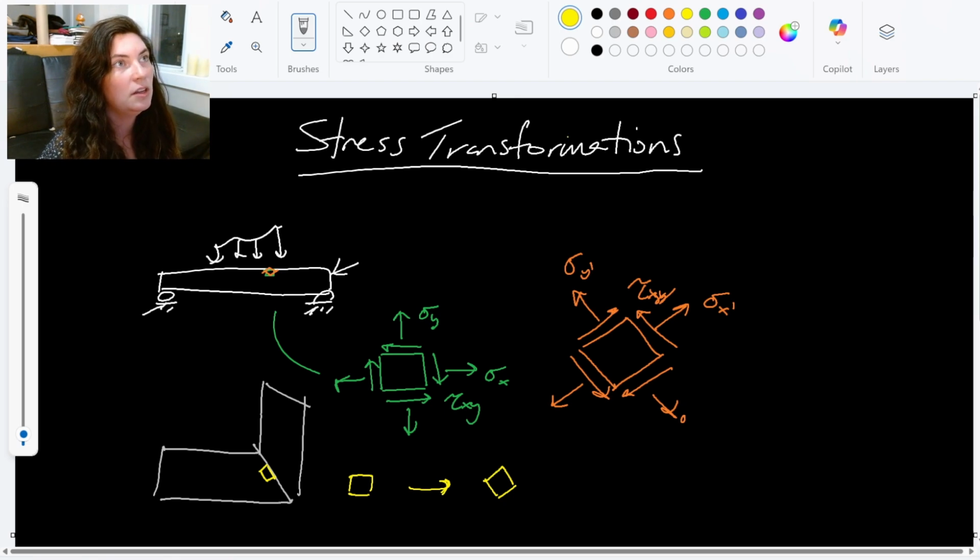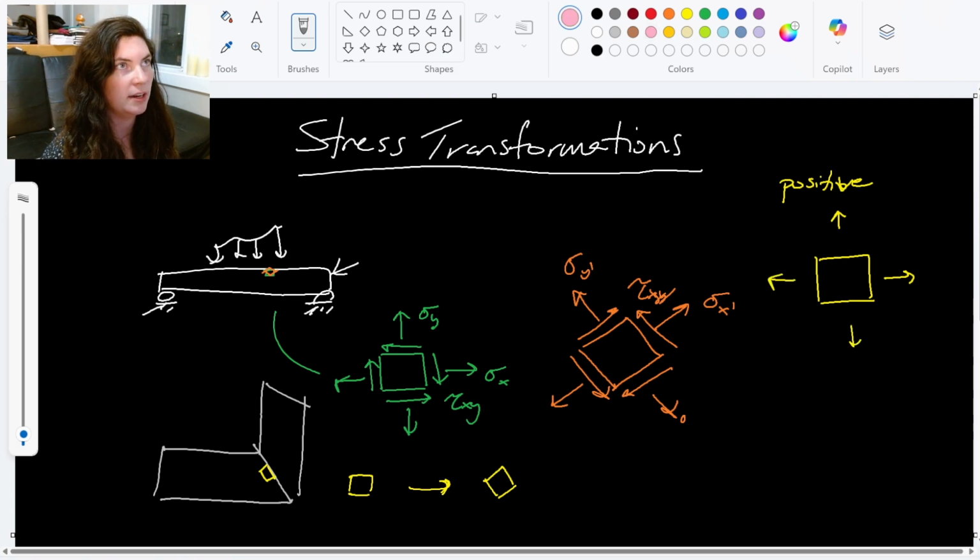So for these stress transformations, the positive sign convention is going to have your normal element here. If your normal stresses are pointing outwards, away from the element, that's the positive convention.